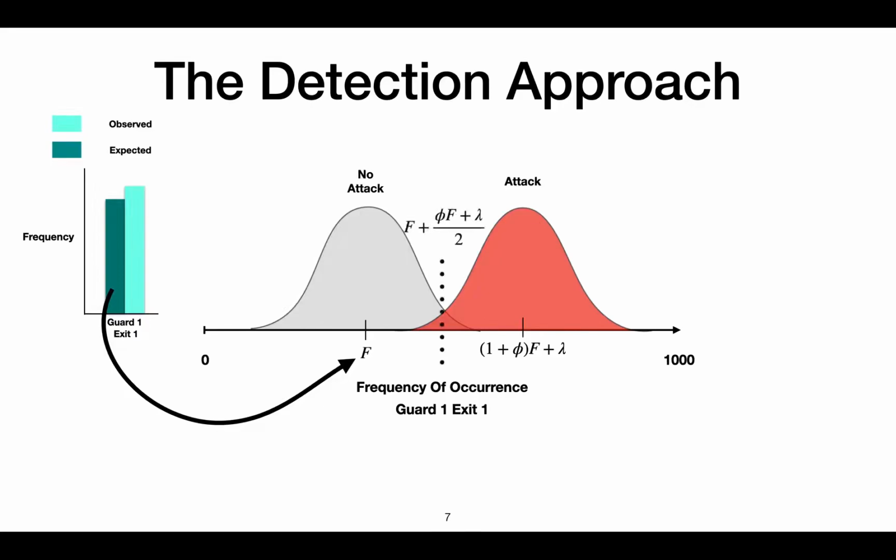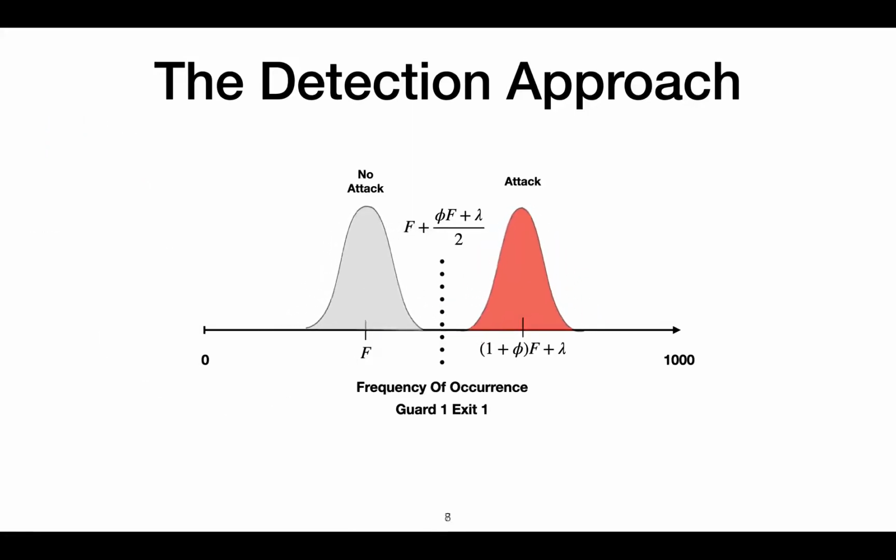Our detection criteria will be that we will say there is no attack if an observed frequency falls below the halfway point between the expected frequencies with and without an attack. Otherwise, we will say that there is an attack. Obtaining more data will narrow the distributions, therefore reducing the overlap and making detection more reliable.